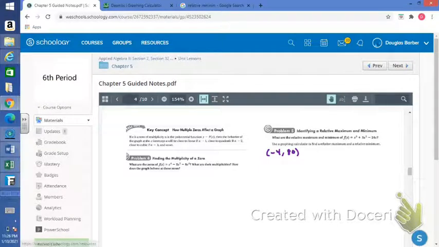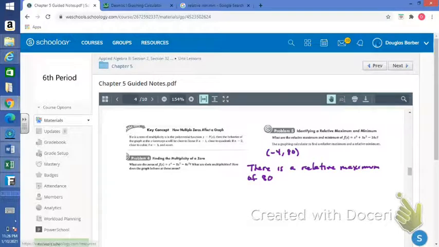We're going to say there is a relative maximum of 80.